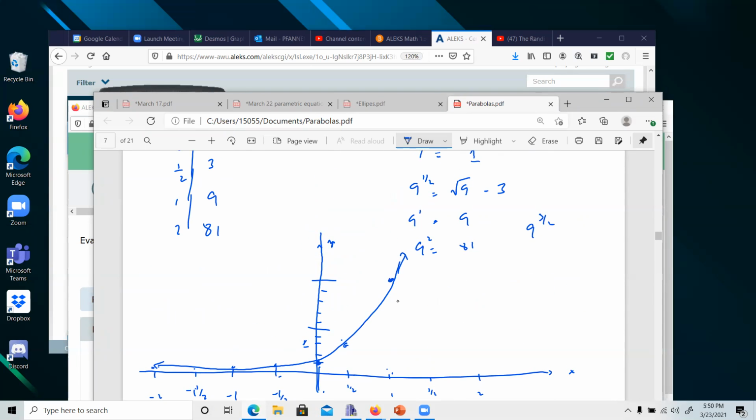Now, the bigger the b, if b is much bigger than 1, the sharper this corner is going to be. We're going to get a really sharp corner if b is a big number.